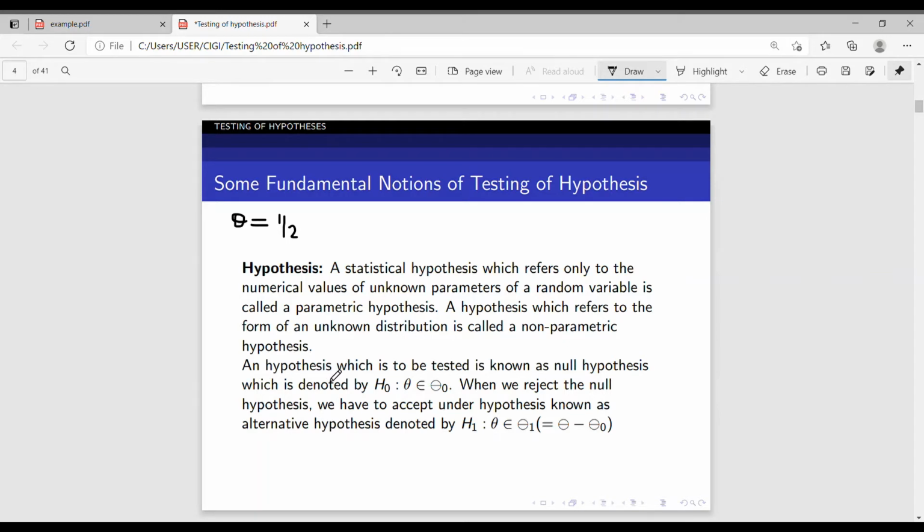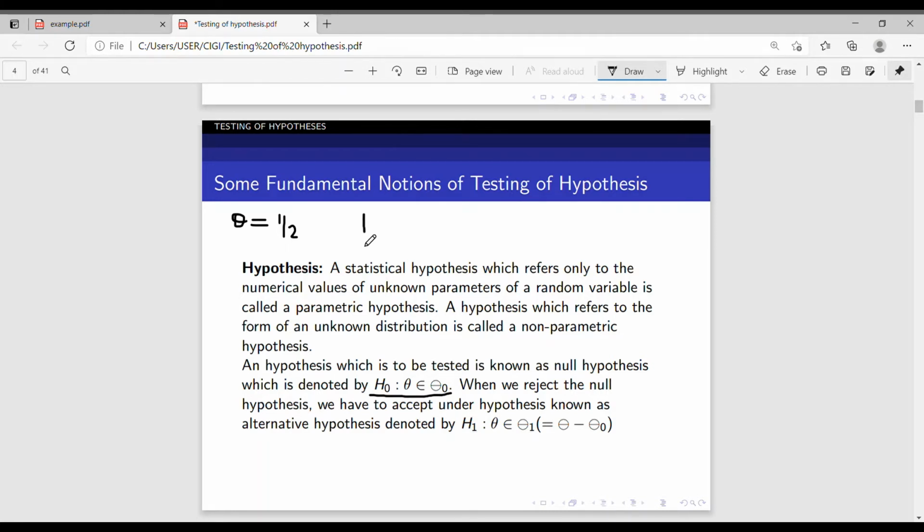A hypothesis which is to be tested is known as the null hypothesis, which is denoted by H naught: theta belongs to theta naught. This is the basic notation of the null hypothesis. Consider the example of the coin tossing problem, where we are testing whether the probability of head is equal to 1 by 2.